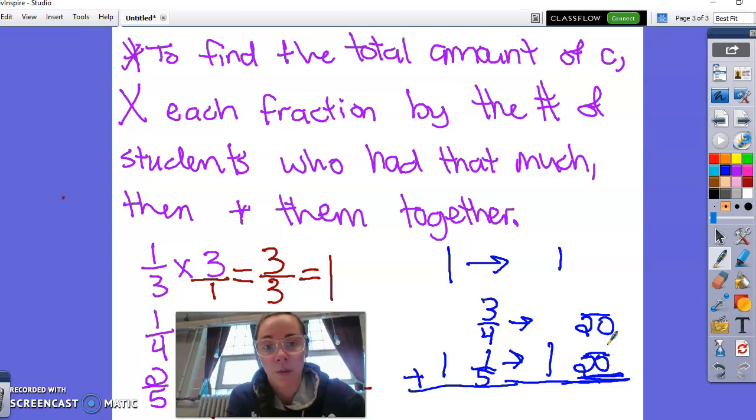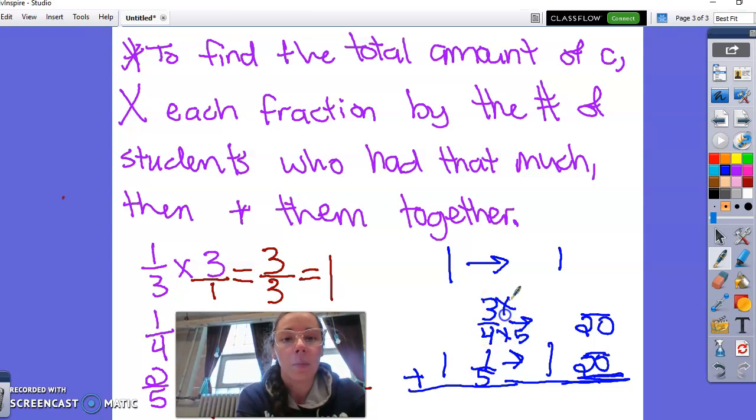And then I just have to find out the numerator. So 4 times 5 is 20. Whatever you do to the bottom, do to the top. 3 times 5 is 15. 5 times 4 is 20. Whatever you do to the bottom, do to the top. 4 times 1 is 4.